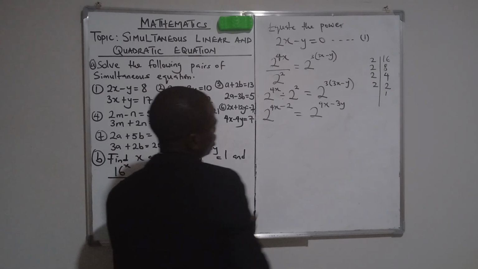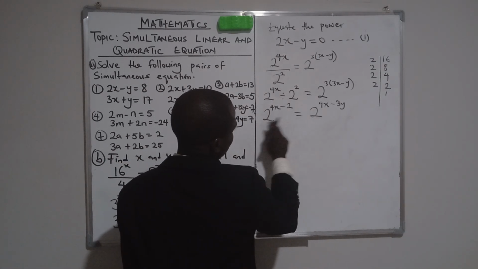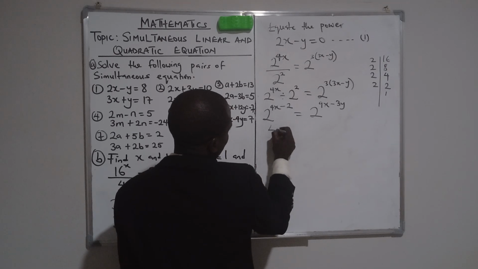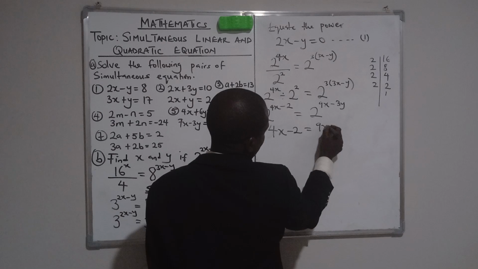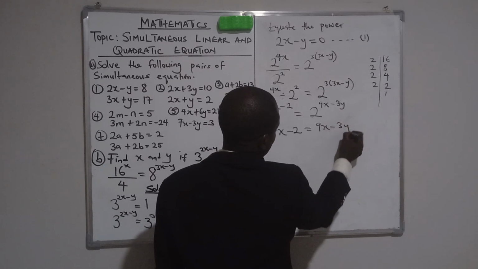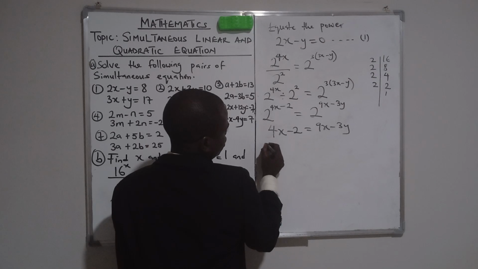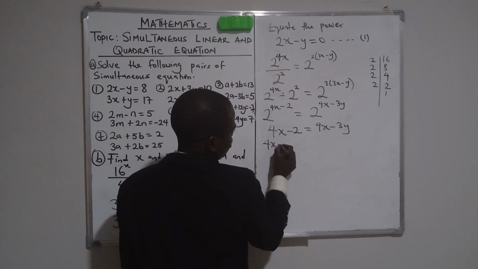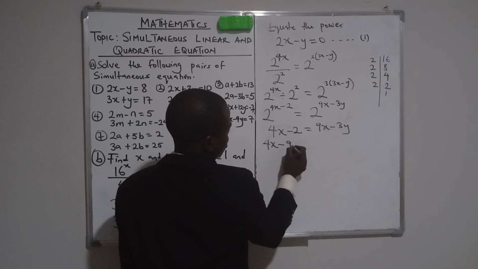Now let's equate the power, since the bases are the same. We're having 4x minus 2 equals 9x minus 3y. Let's collect the like terms. We're having 4x minus 9x.